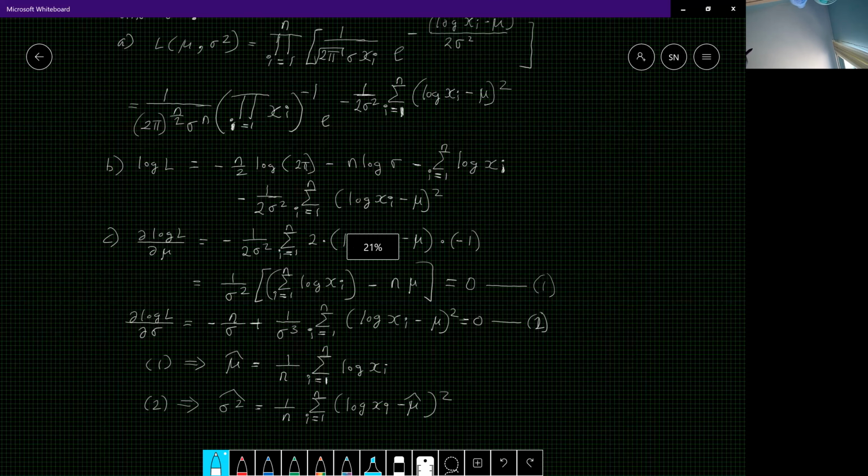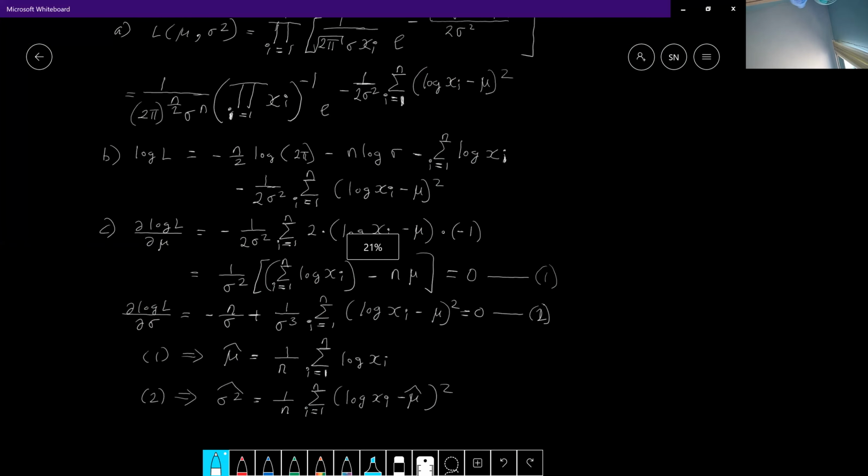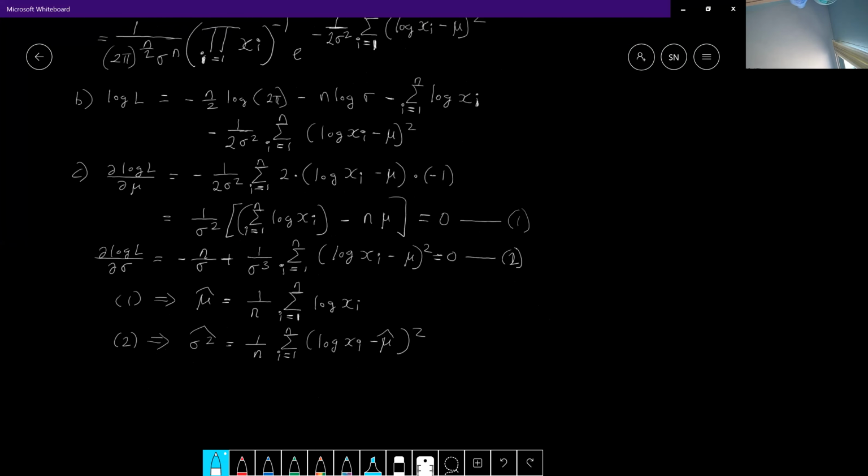All right. The last step is part D. We need to show that the two conditions are satisfied. So the first thing is that you must find the second order partial derivatives.